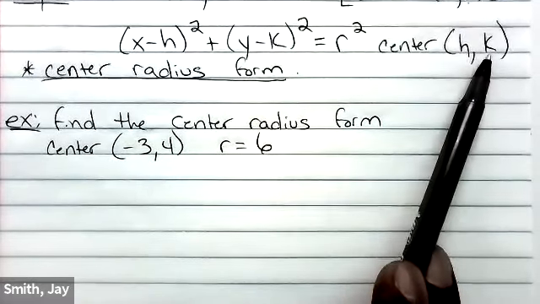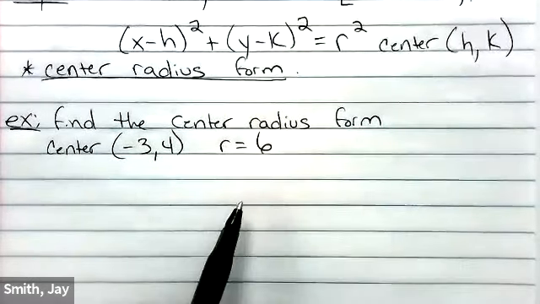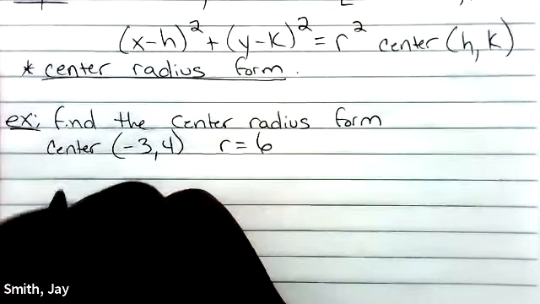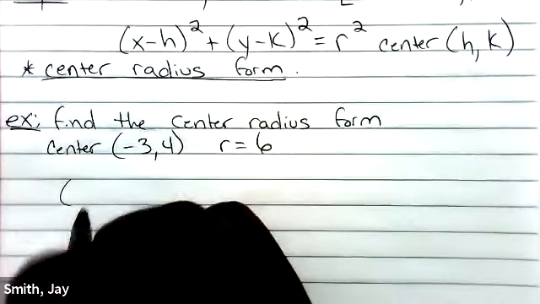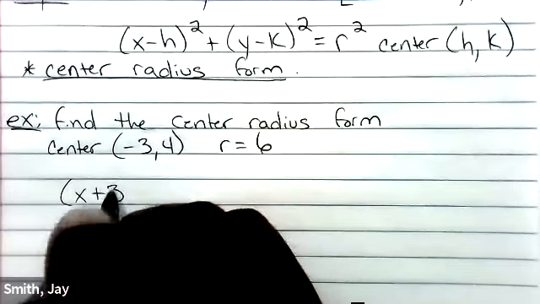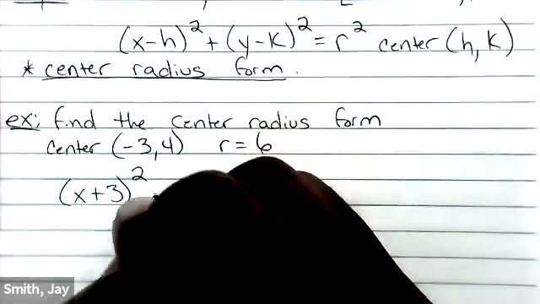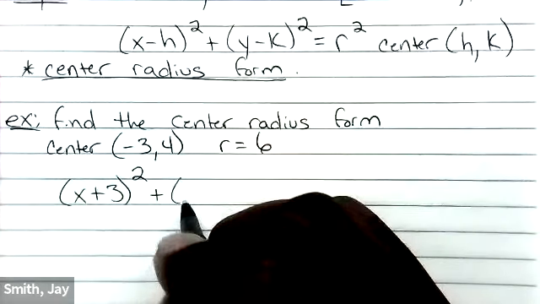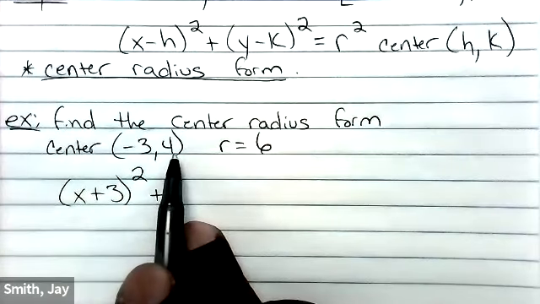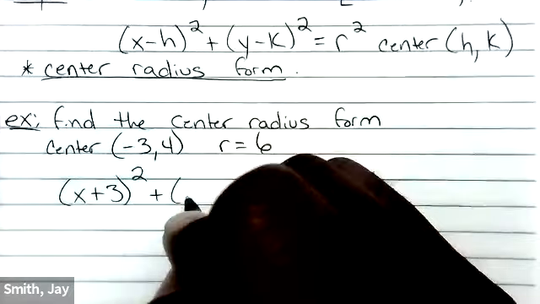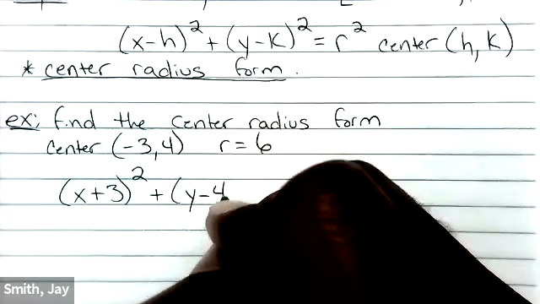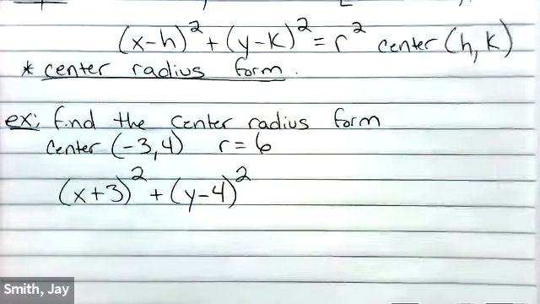That's because the y component of the center is at k. So here, when we see -3 for my x component, we're going to put x plus 3 for the center-radius form, quantity squared, plus we see +4 for the ordered pair for our center. So we're going to write y minus 4 in the center-radius form.